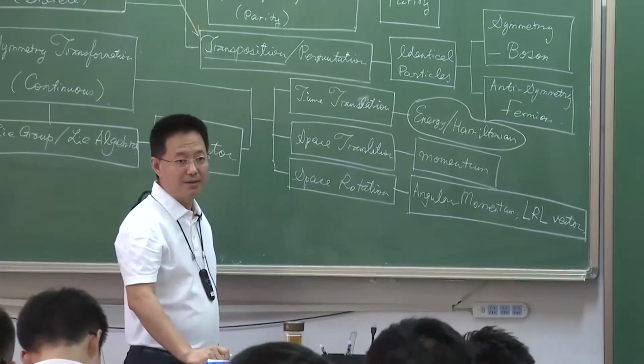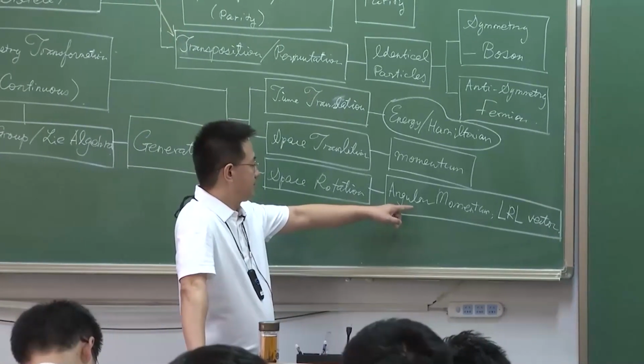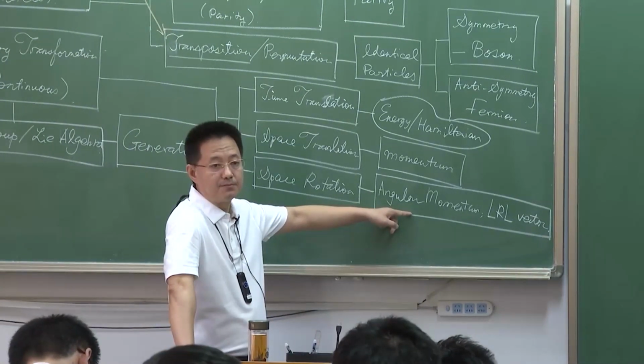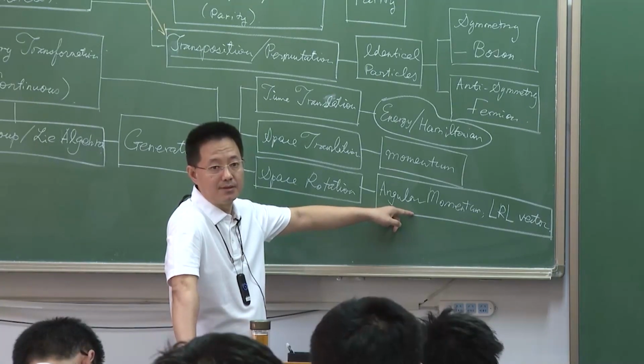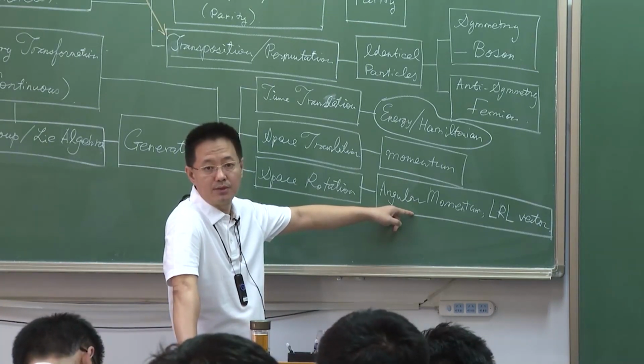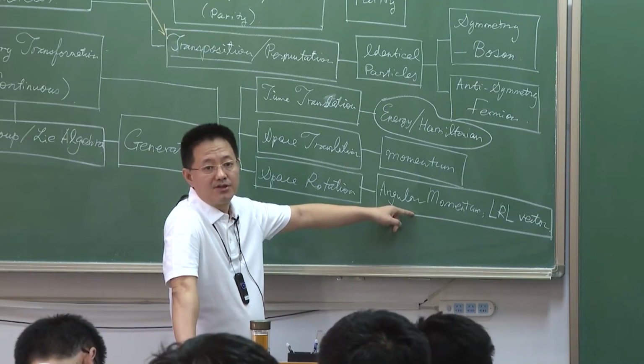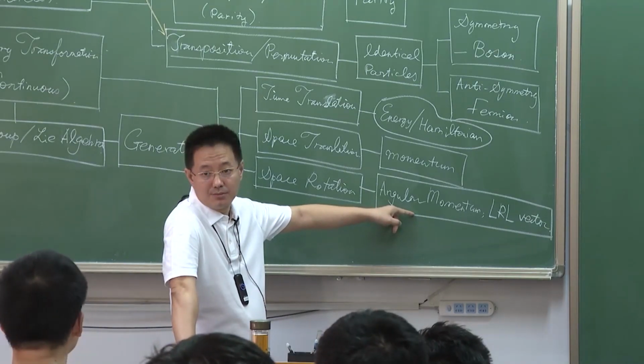For the conservation of angular momentum, you have good quantum numbers L squared or J squared, so you have degeneracy in L squared and J squared.